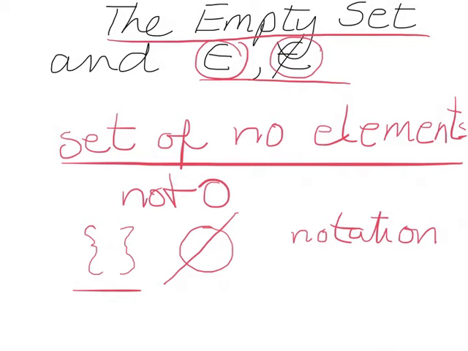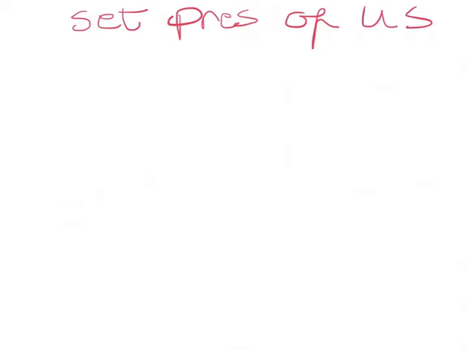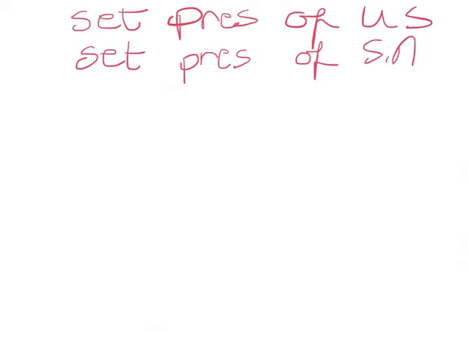Now, what we'd like to do is talk about which kinds of things are an empty set. Okay? So suppose we have the set of presidents of the U.S. and the set of presidents of South Africa.